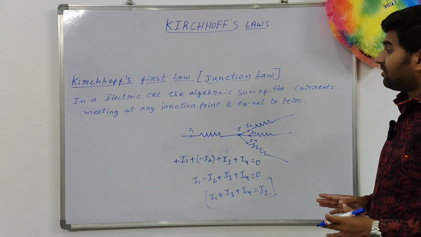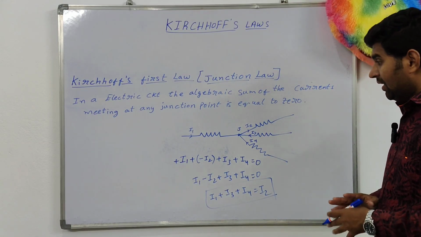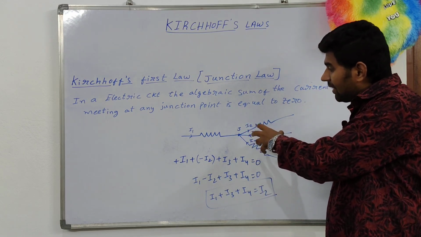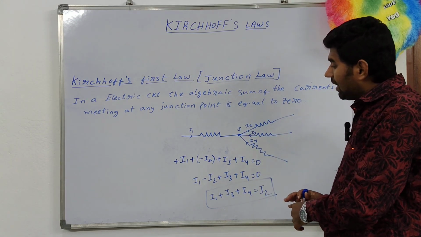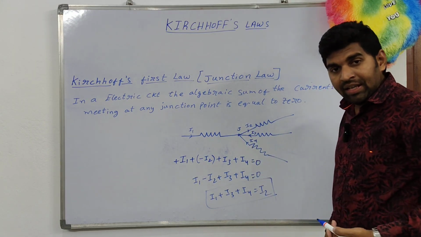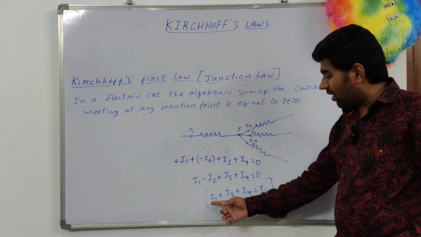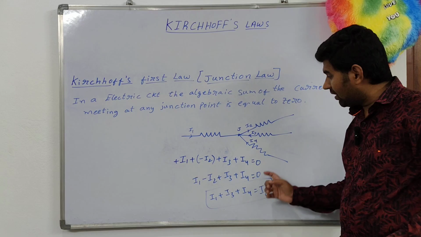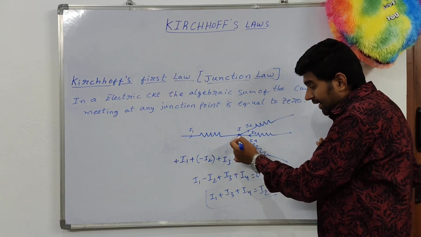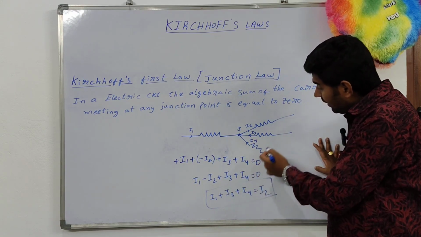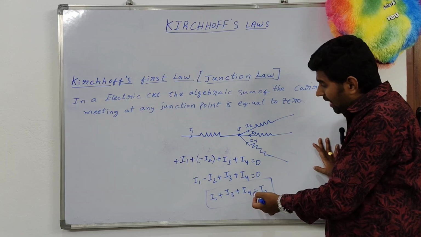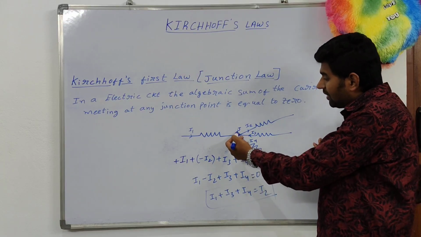According to Kirchhoff's first law or junction law, the algebraic sum of the currents at the junction point is 0. It is also written as the sum of the incoming currents, I1 plus I3 plus I4. These are the incoming currents: I1 is towards the junction, I3 is towards the junction, and I4 is also flowing towards the junction.